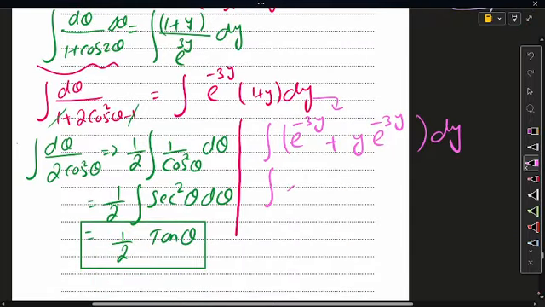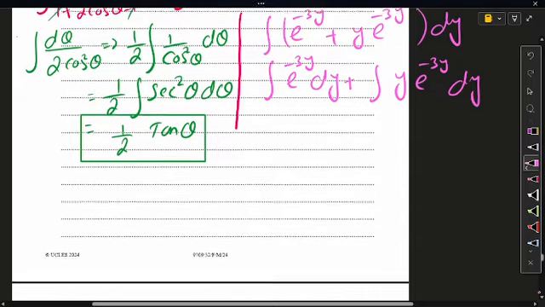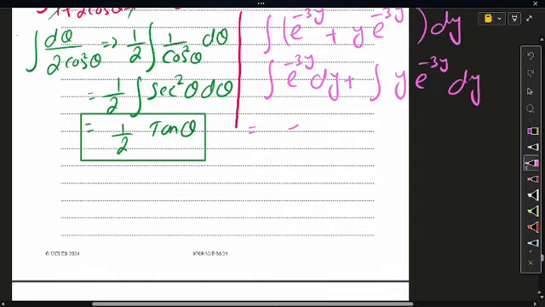For the first term I am writing e raised to the power minus 3y dy plus y times e raised to the power minus 3y dy. You know that the exponential function integral is always written as e raised to the power minus 3y whole divided by the coefficient in the exponent, that is minus 3 in this case. So e raised to the power minus 3y whole divided by minus 3 is the integral of that function.